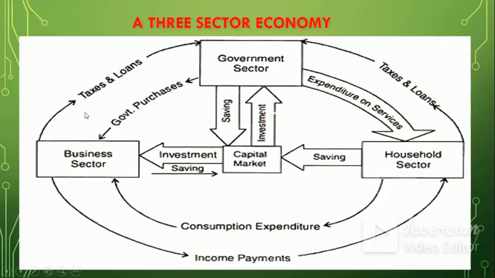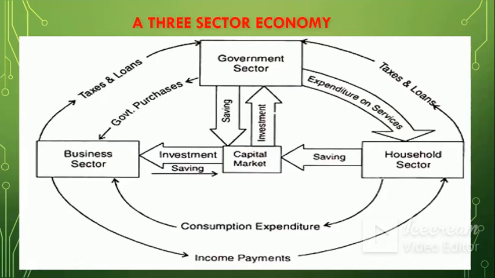On the other hand, the government purchases all its requirements of goods of all types from the businesses. So the government purchases its goods from the businesses. Gets that? It also gives subsidies and makes transfer payments to firms in order to encourage production. So government buys from the business sector to encourage production.